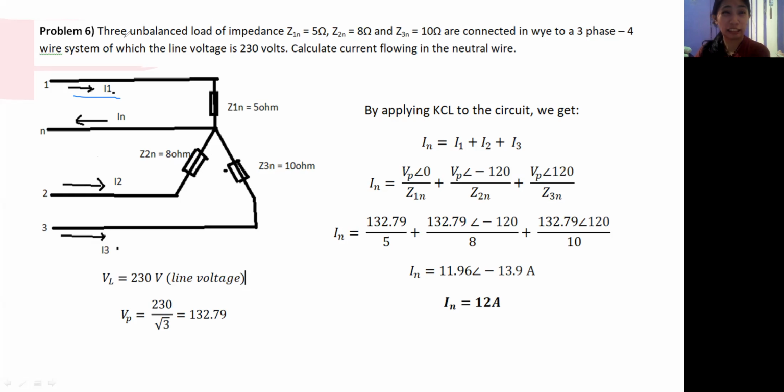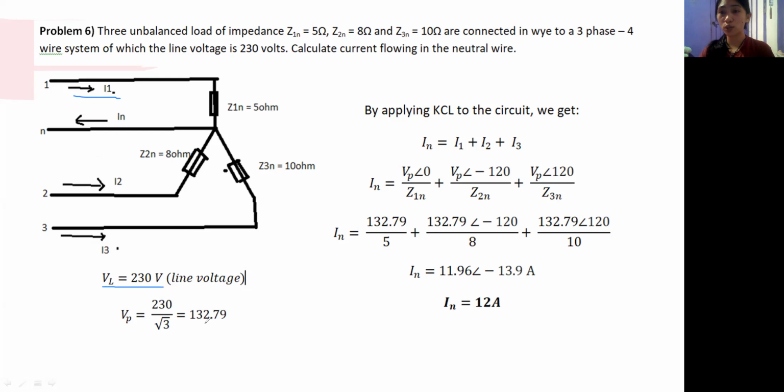It is given that the line voltage is 230 volts. In solving for the current flowing in the neutral wire, we first need the phase voltage.